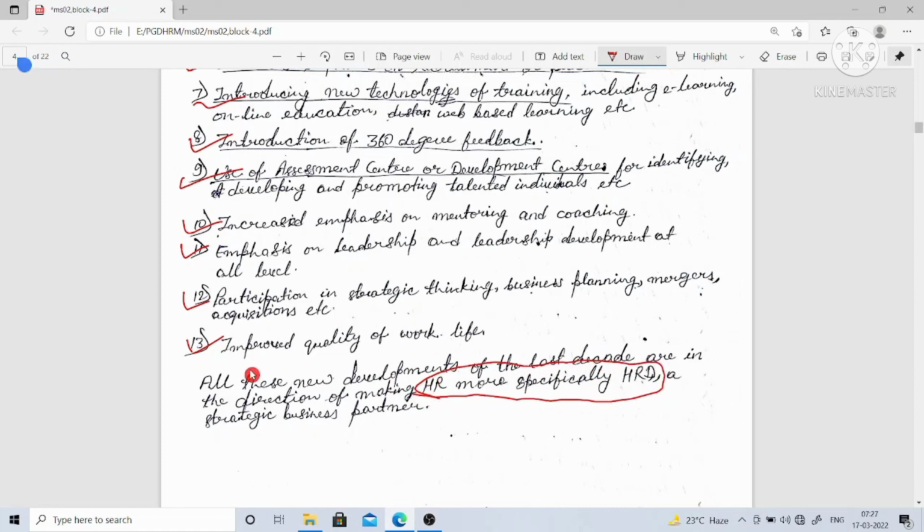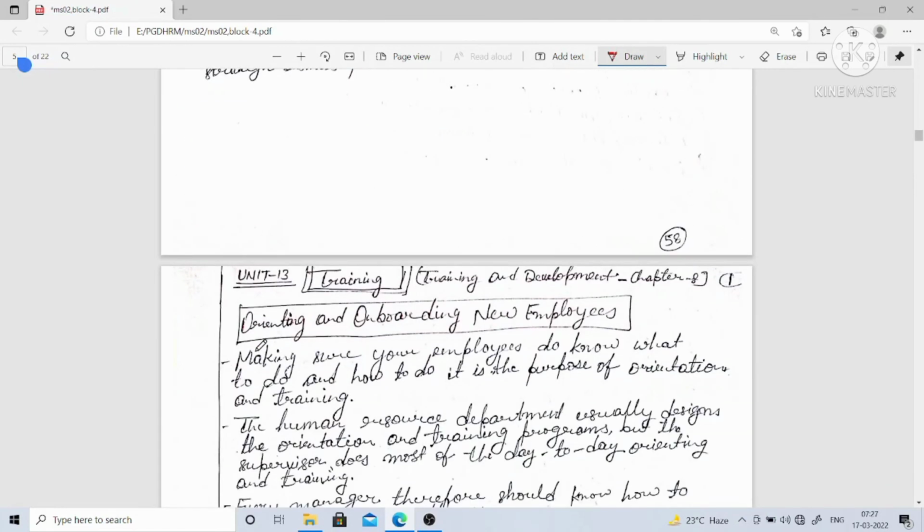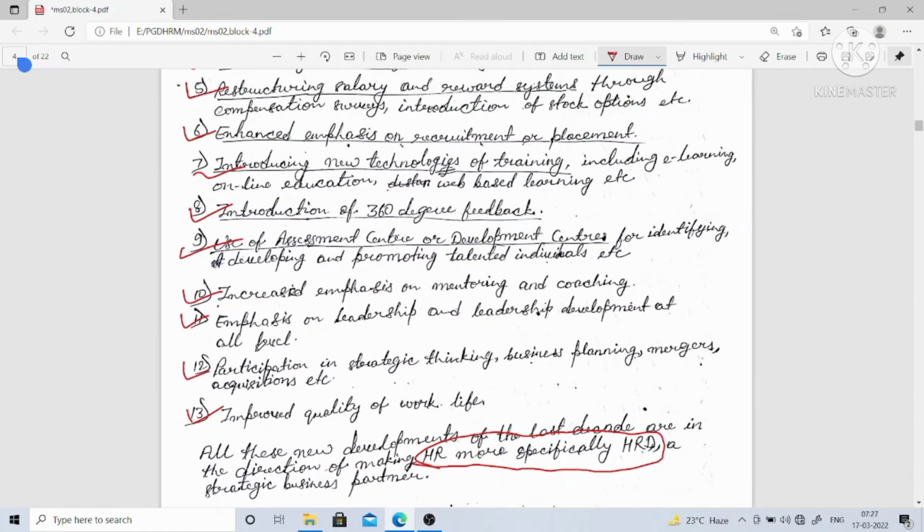It means human resource, or specifically we can say human resource development, is going to be more of a strategic business partner in the near future. So that's all about this.